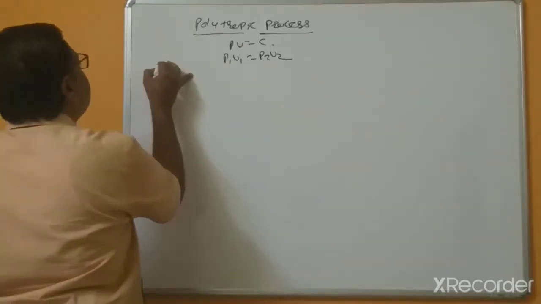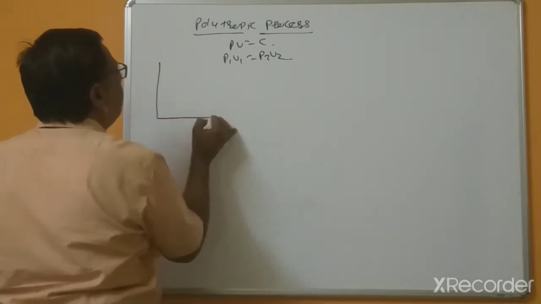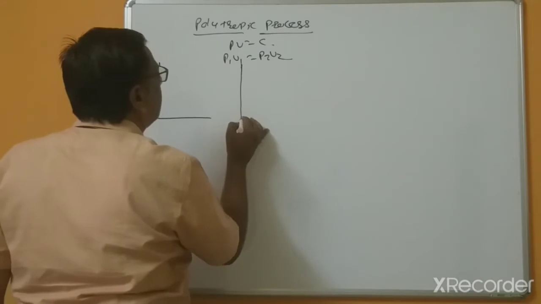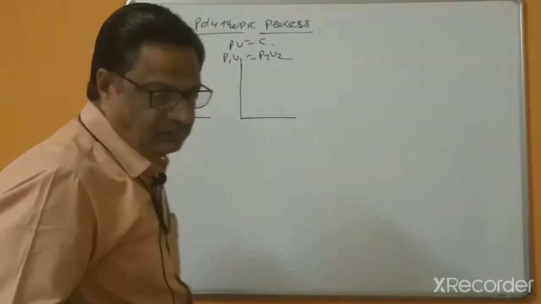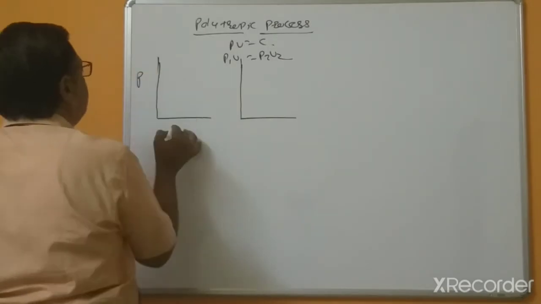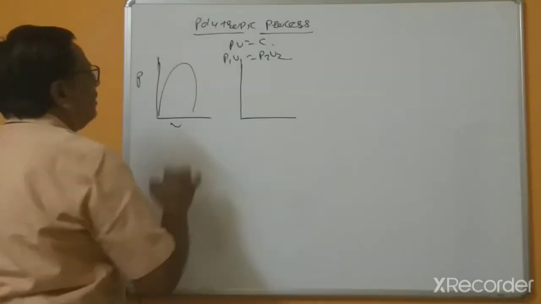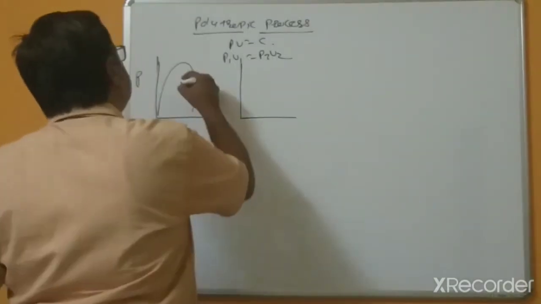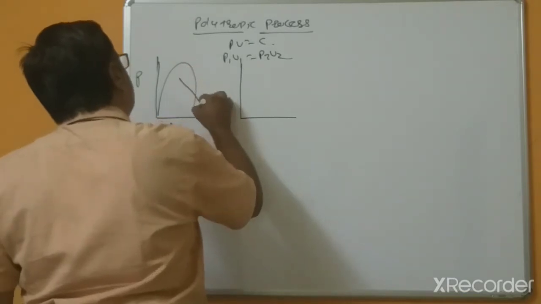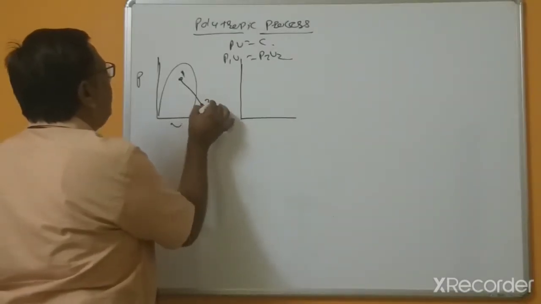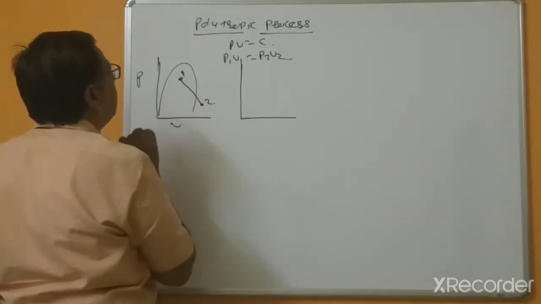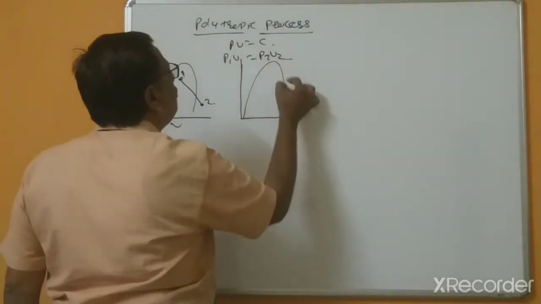So for the polytropic process, on PV and temperature versus entropy diagrams, suppose this is the first point, the initial point in the wet region, and the final point is in the superheated region.